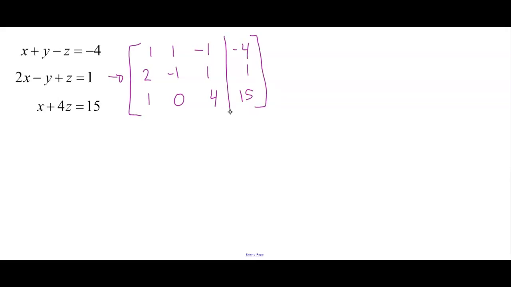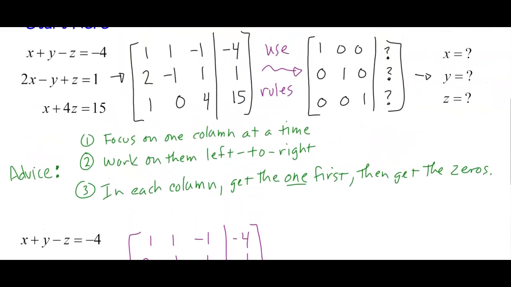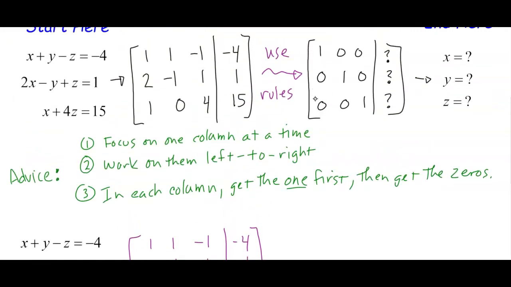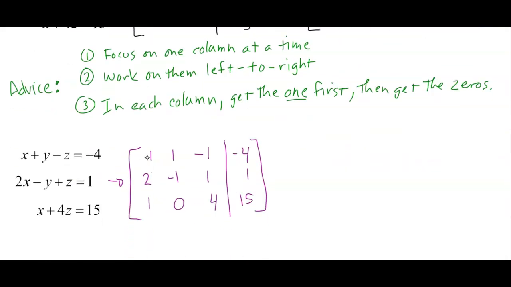Watch out for zeros, like if there isn't a particular letter, then that means it has a coefficient of 0. So you start with this. And then if you're following my advice, you look at the first column and you think about what your target is. Remember, your target is supposed to be 1, 0, 0 for that first column. So we're looking at this and it's 1, 2, 1, and that's not quite right. Well, we're going to have to fix that.